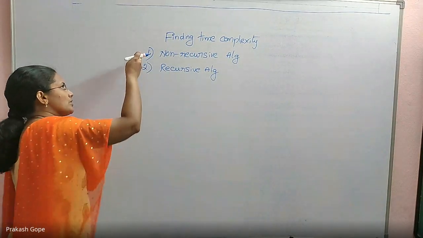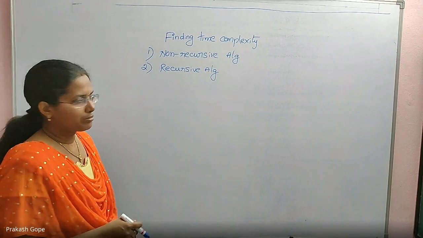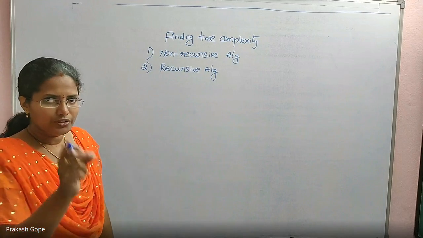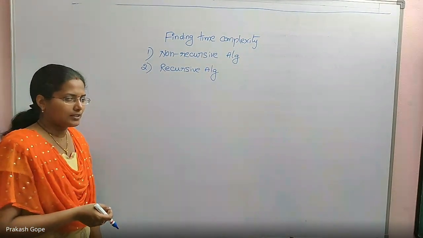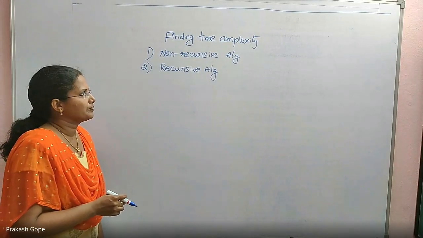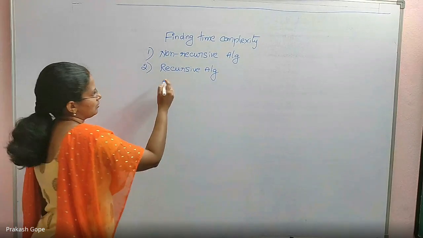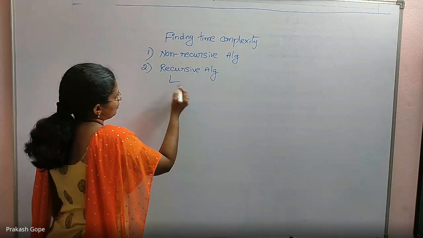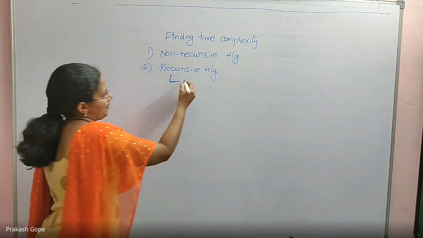First we will discuss non-recursive algorithms, which is like the strict step count method. Of course we are not going to count the exact number of steps. We don't need exact answers, right? So just the big O notation. And for recursive algorithms, there are two methods to find the time complexity.